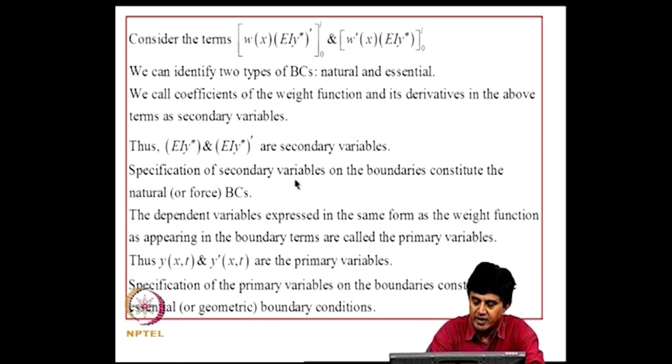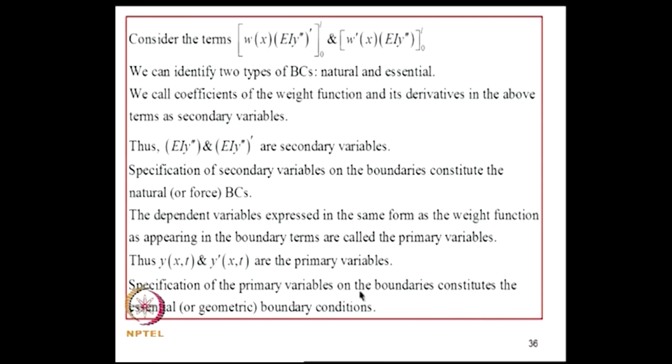Specification of the secondary variables on the boundaries constitutes the natural or force boundary conditions. The dependent variables expressed in the same form as the weight function appearing in the boundary terms are called the primary variables. Thus, we have w of x, therefore y of x, t, and we have w prime of x, and thus y prime of x, t are the primary variables.